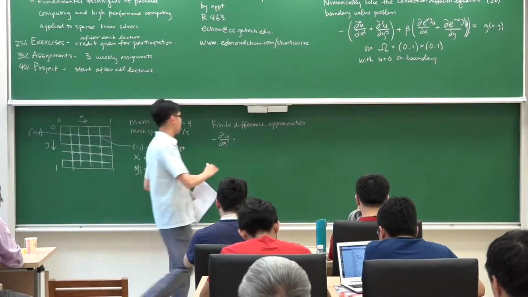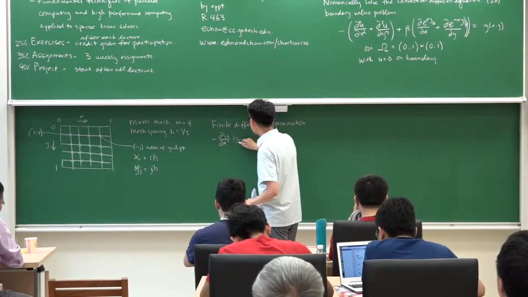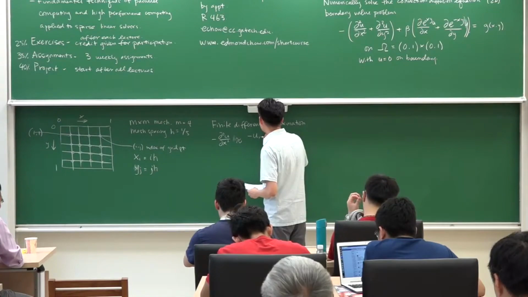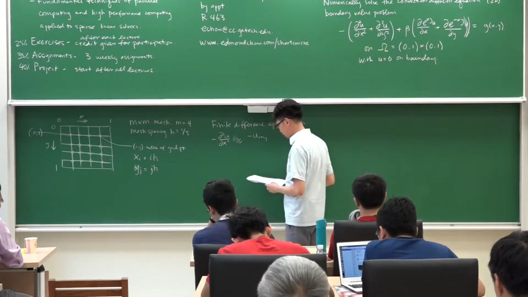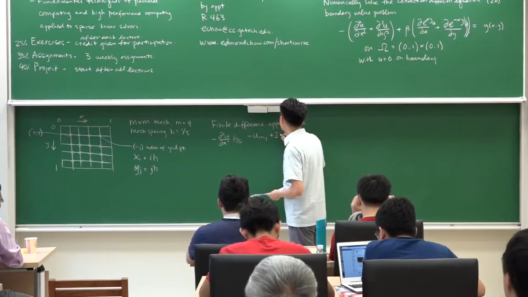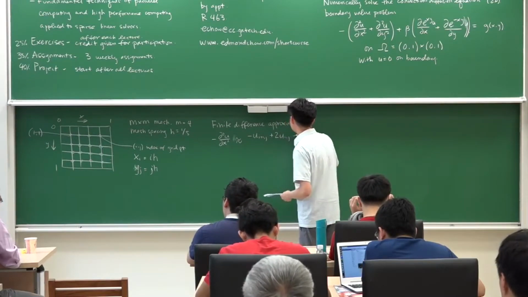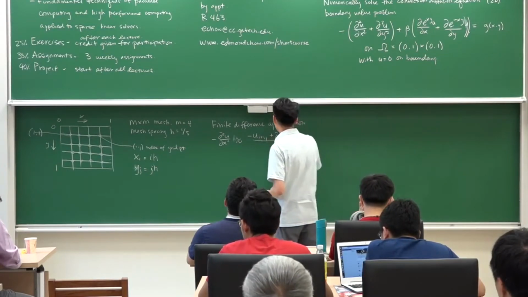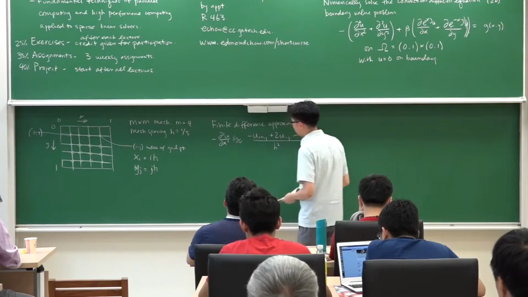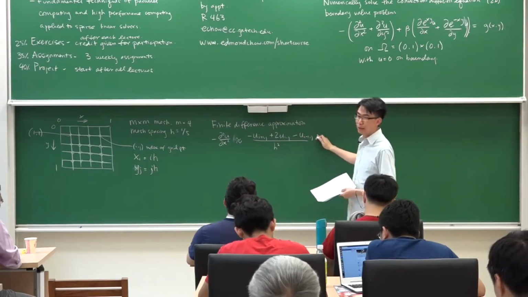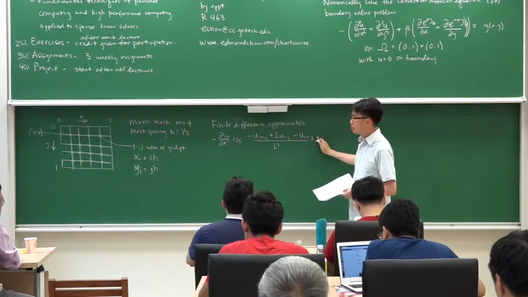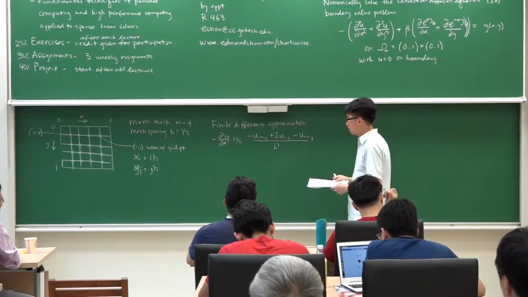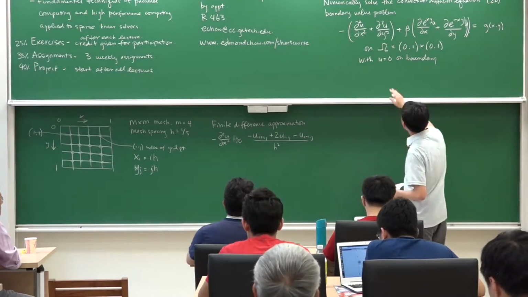Instead of writing equals, I'm going to change this to is approximately equal to minus u_{i+1,j} plus 2u_{i,j} minus u_{i-1,j} over h squared. You may have seen this from other courses. I'm not going to go into how this arises or the error term. This is just one of the terms here.